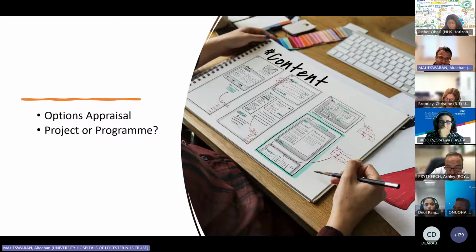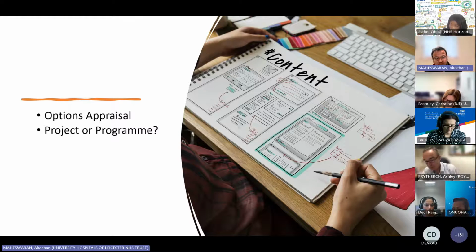So is it an options appraisal, how are you going to spend that money? Or do you need a pitch for a business case? Is this a project business case, which is what we're going to be talking about today? Or is it a program, which is several business cases put together, all interrelated and interdependent? So what you need to work out, first of all, is what level of business case you need.